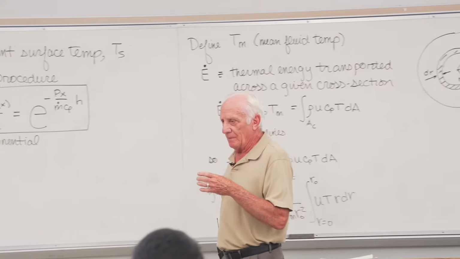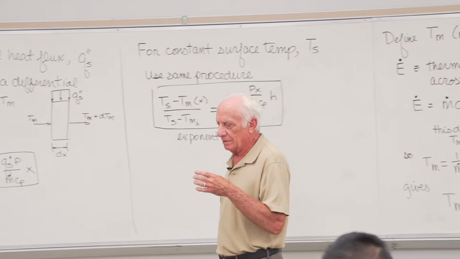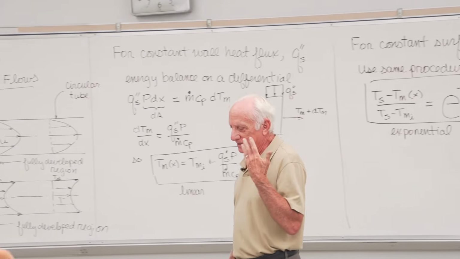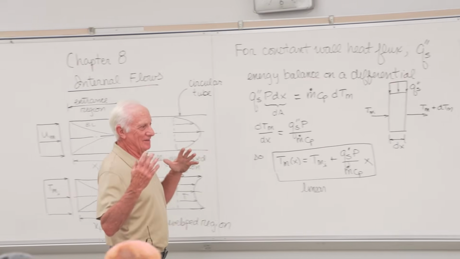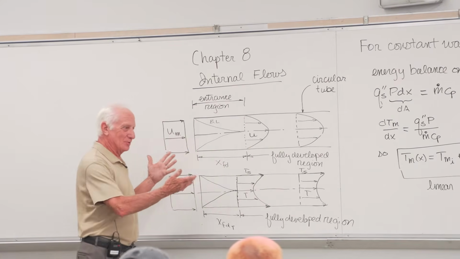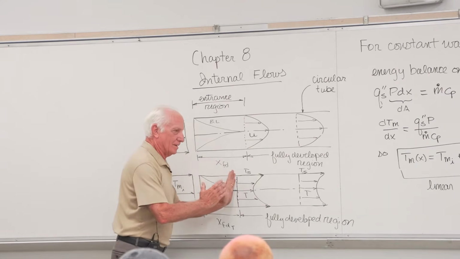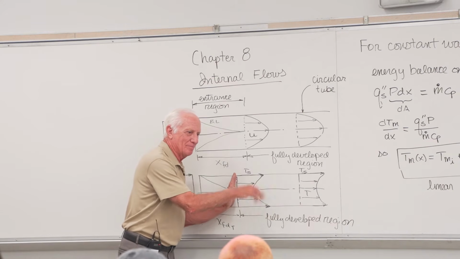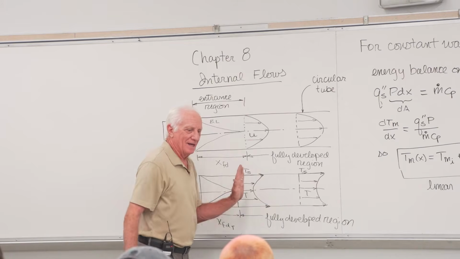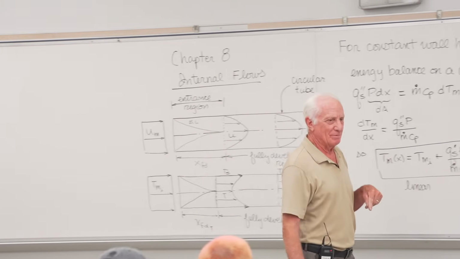It's sometimes called the mixing cup temperature. So in the world of the tube, you would cut the tube, let the water flow into a cup, stir the cup up, put a thermocouple in there, and that temperature you get would be the mean temperature. Okay.